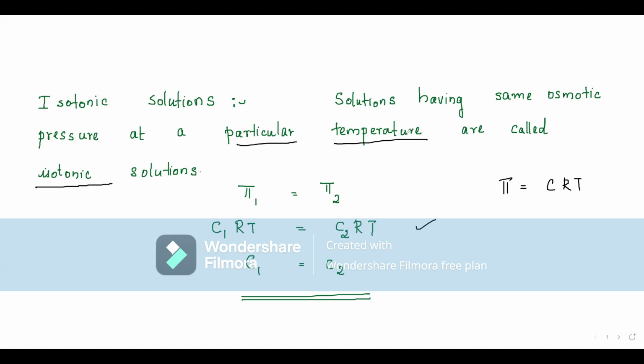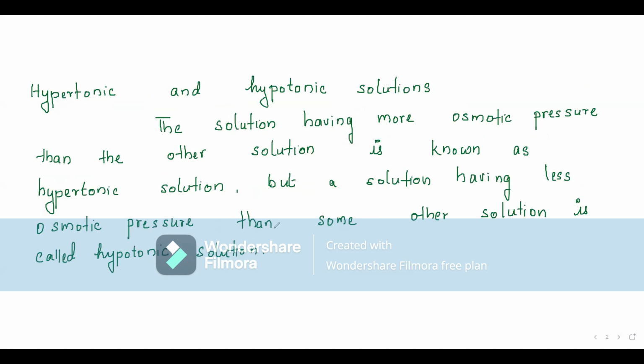Since temperature remains constant and the universal gas constant is anyway a constant, C1 is equal to C2. So if two solutions are said to be isotonic, then the concentrations of the two solutions are equal.